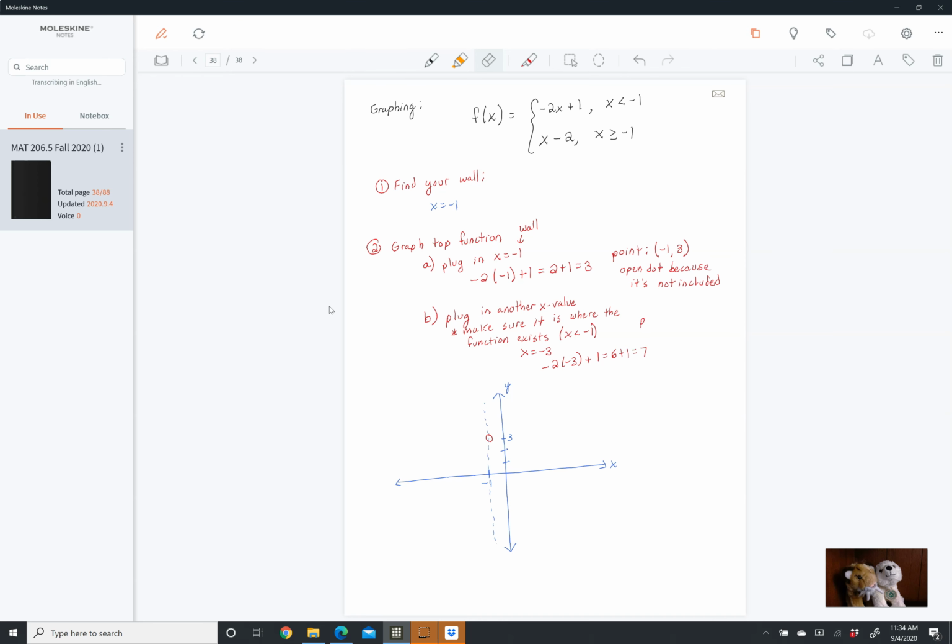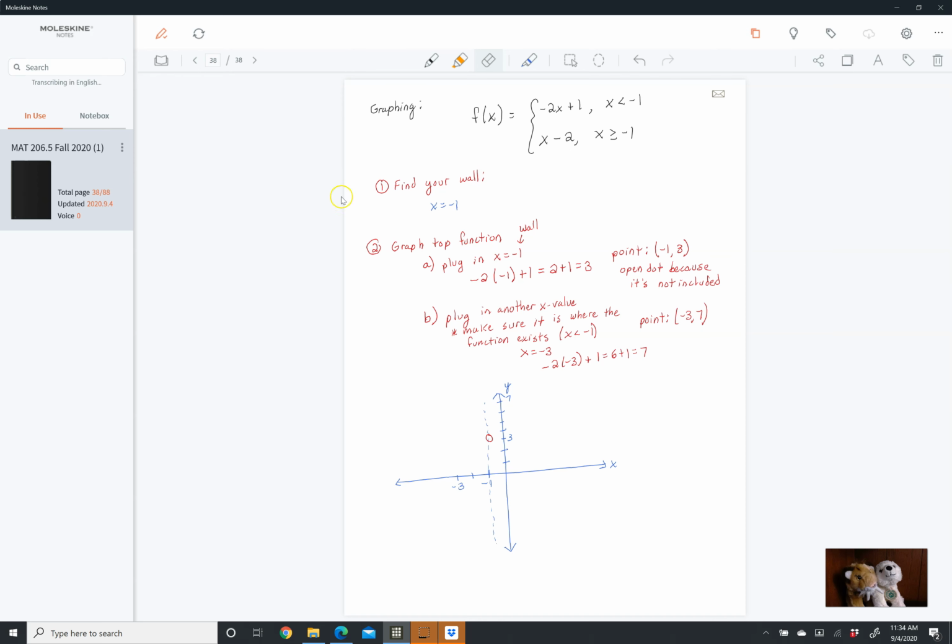So the point that we have from here is negative 3, 7. So we're going to plot that. So here's our 7, here's our negative 3.